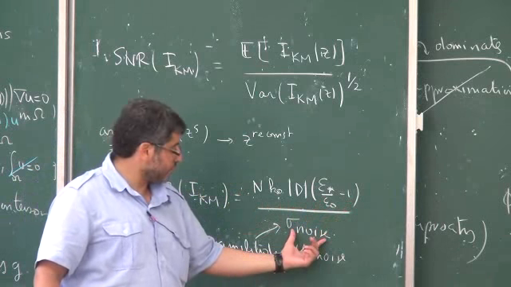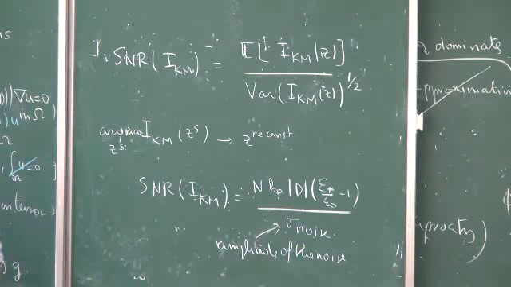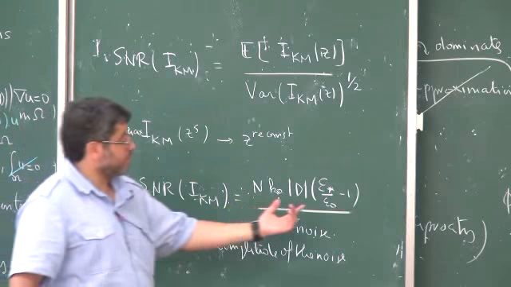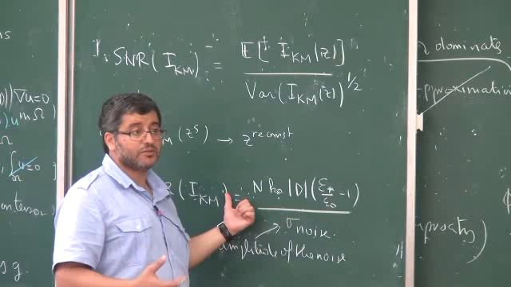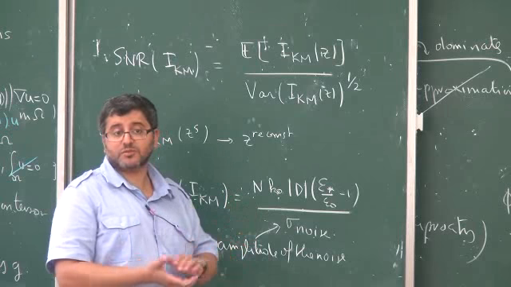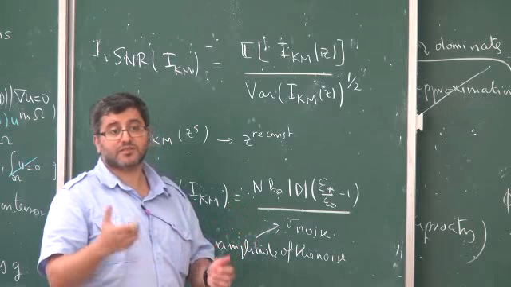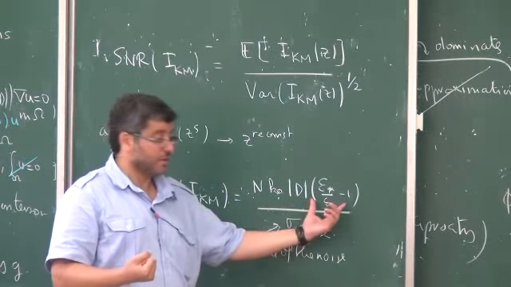So if the amplitude of the noise is large, then the signal to noise ratio is small, which means that you are in trouble. If the permittivity contrast is large, then the signal to noise ratio becomes higher. The inclusion becomes more visible, it's more contrasted.